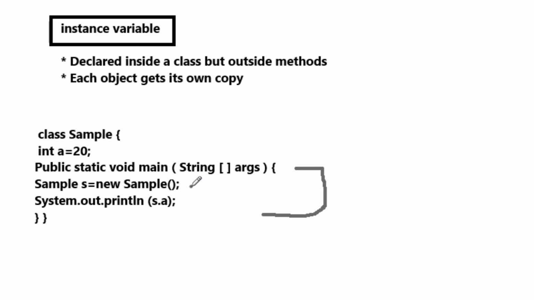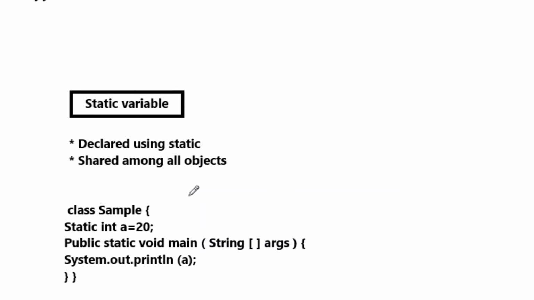Now, an instance variable we declare inside a class but outside a method. I can access it inside a method, but we must create an object. This is my object: Sample s equals new Sample. What is this? How to use that? I will explain when we go to the object topic.